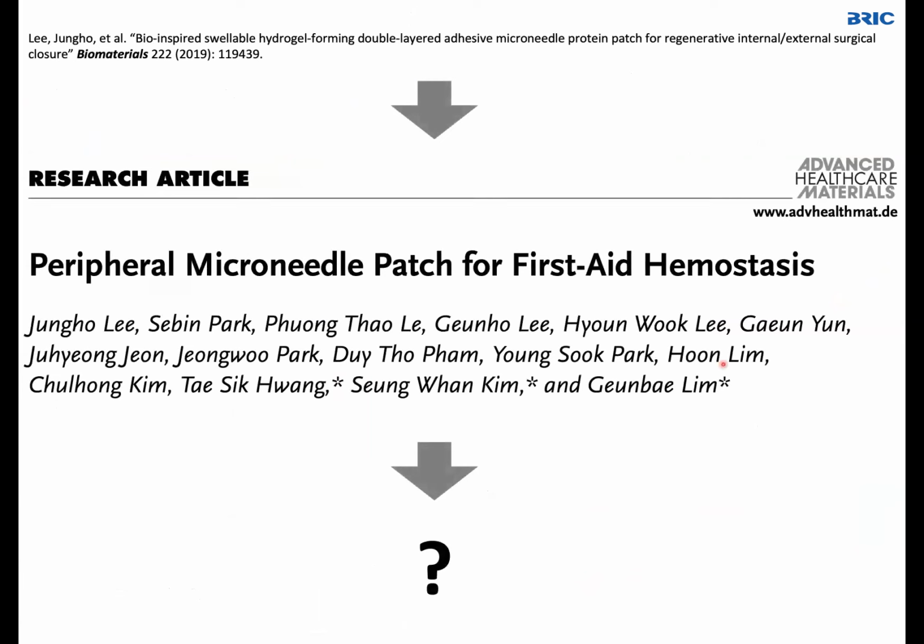The results were published in the Advanced Healthcare Materials journal last year, as a further study of our group's previous research paper published in Biomaterials, which focused on closing the wound once again, but did not contain the bleeding issue. So please refer to the paper if you have some interest. We are also looking forward to publishing further research papers using a similar concept and strategy in the near future.